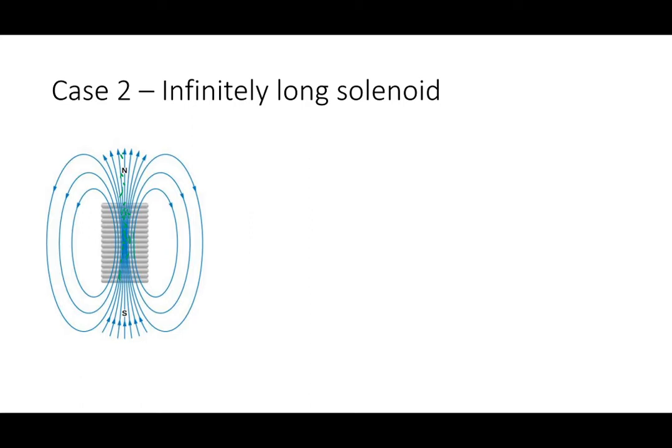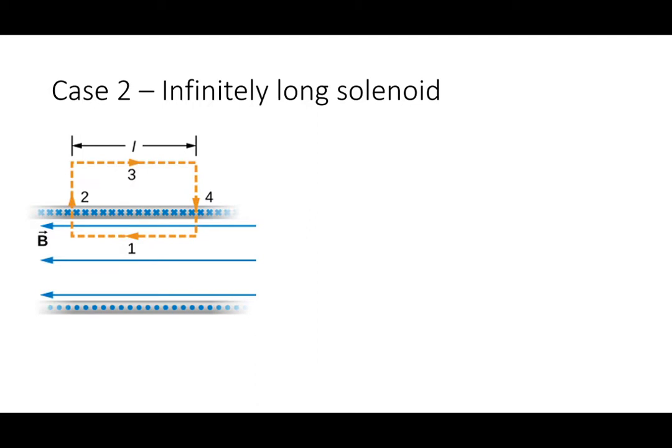But it wouldn't ever be allowed to escape and loop back around. What ends up happening, therefore, is all the magnetic field is expected to be straight across on the inside, because they can't curve, because this thing is infinitely long. And then they're trapped inside. They can't loop back around, so everywhere outside, the magnetic field must be zero.